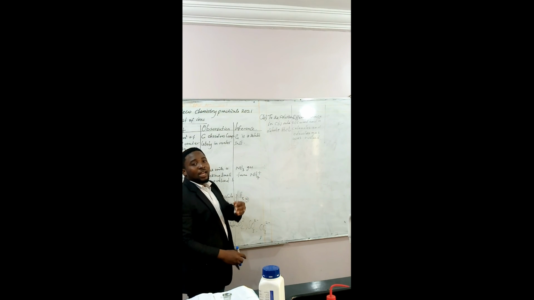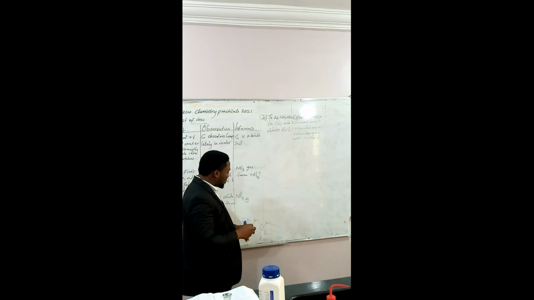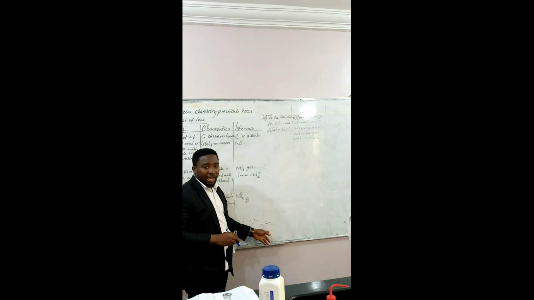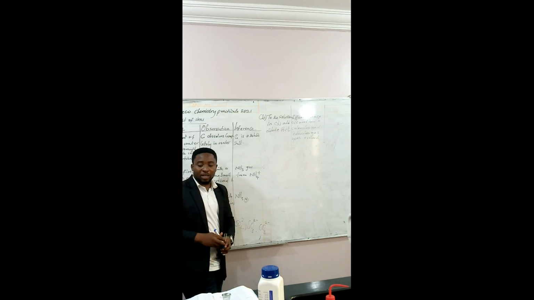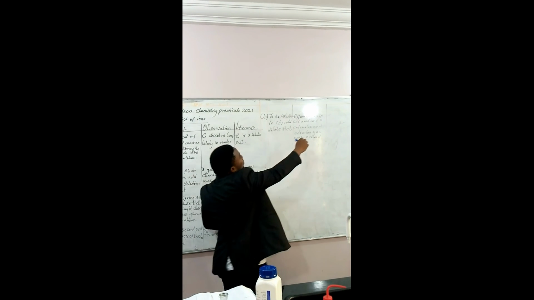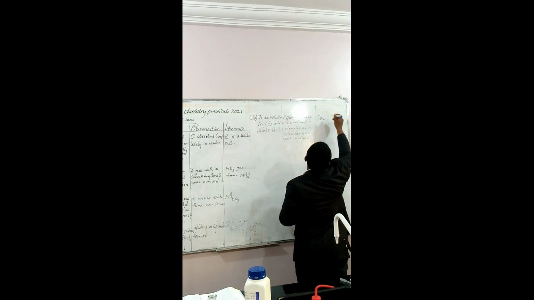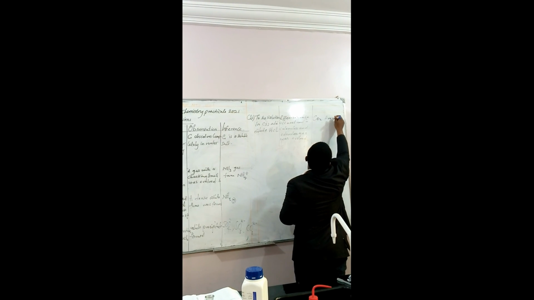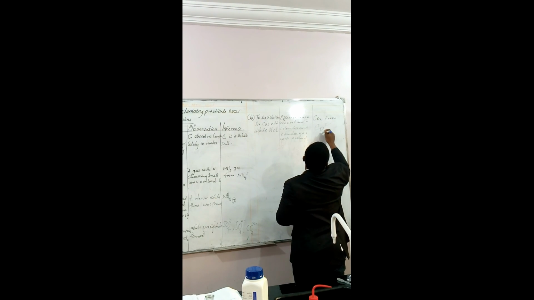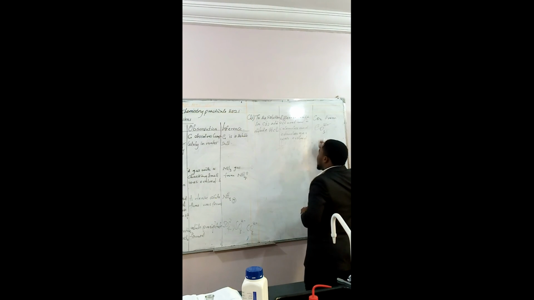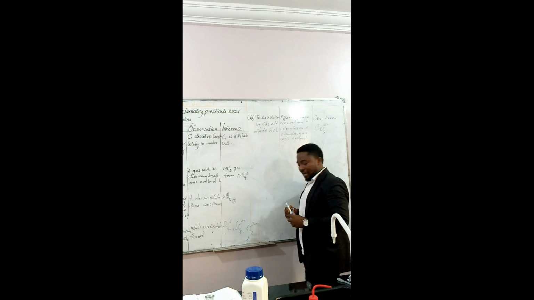We saw a colorless, odorless gas, which means that it is carbon dioxide, which is coming from the carbonate ion. So we say carbon dioxide is the gas, from the carbonate ion.